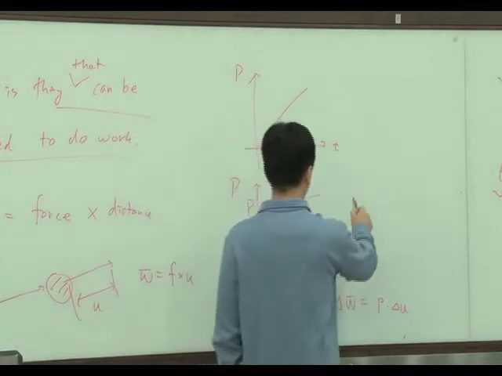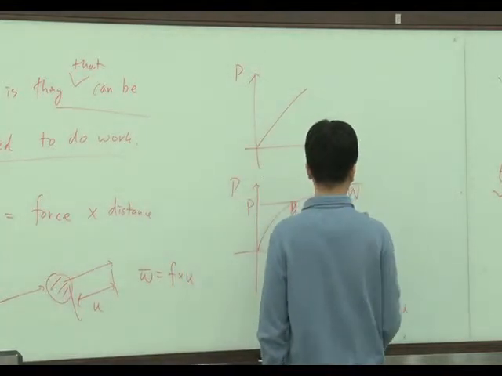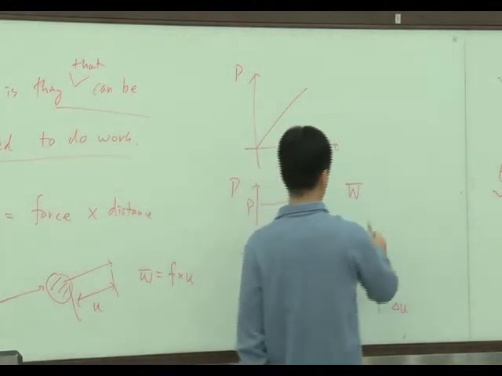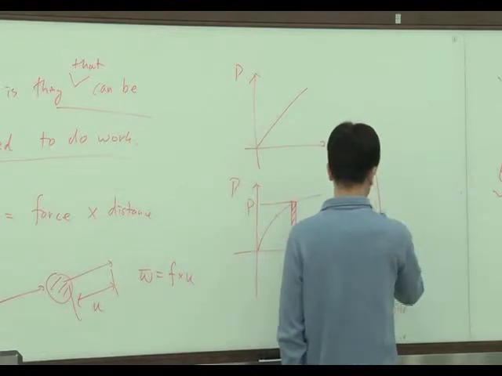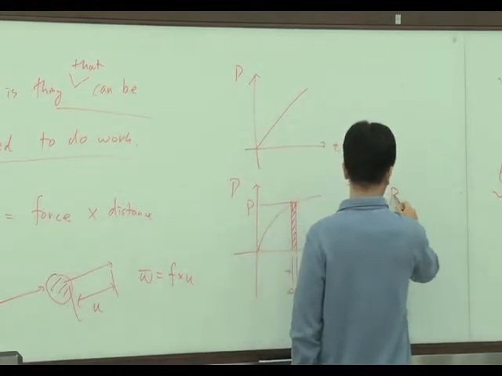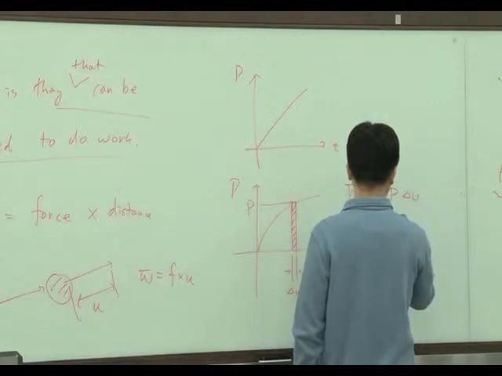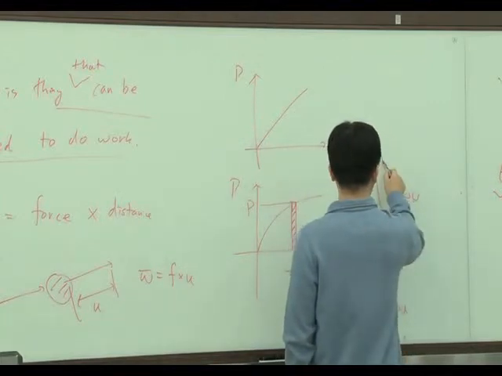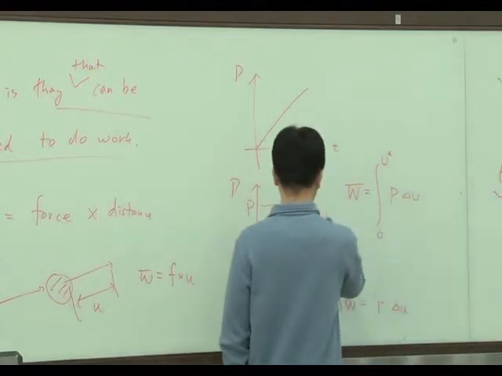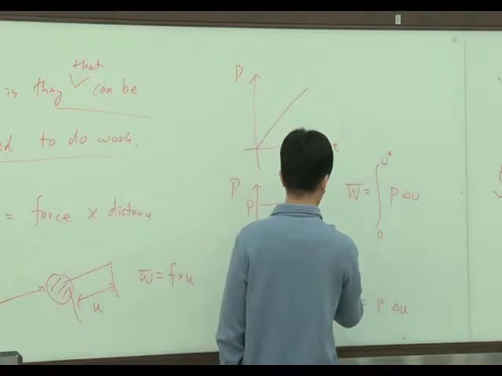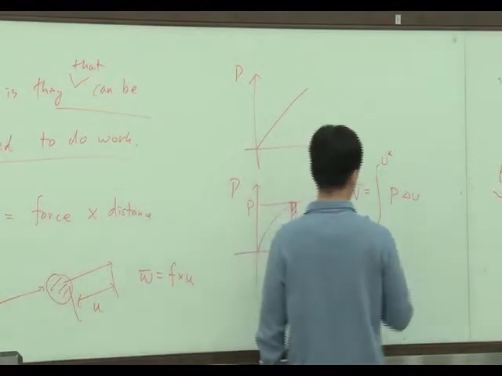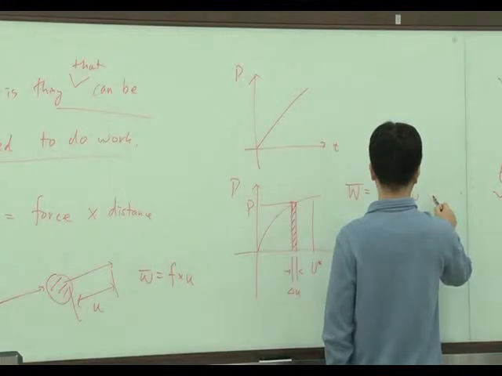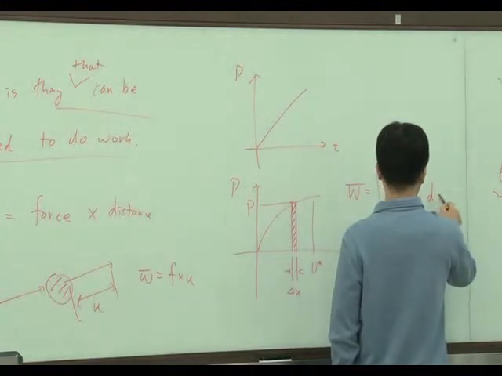And the total work, how can I calculate it? We need to do integration, right? The integral of P du from 0 to some u star, let's say this is a u star.